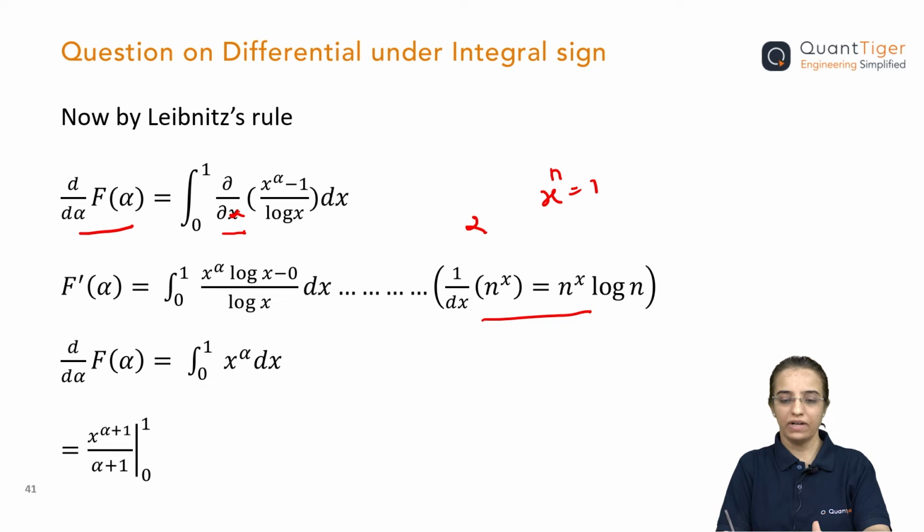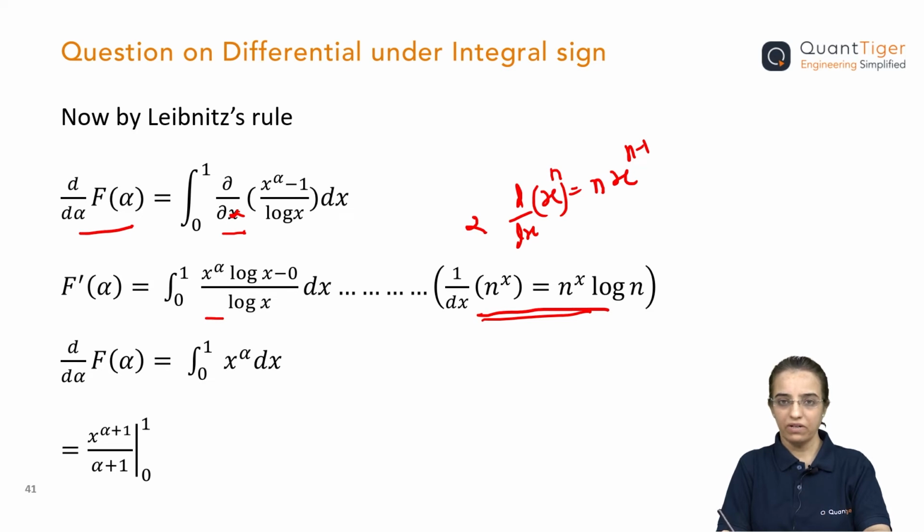Normally when we differentiate d by dx of x raised to n, where n is a constant, then we shift that n and write it as n into x raised to n minus 1. So here we are differentiating with respect to x, but in this case we are differentiating with respect to alpha. We have to keep that in mind.